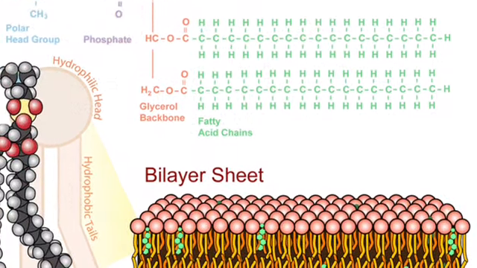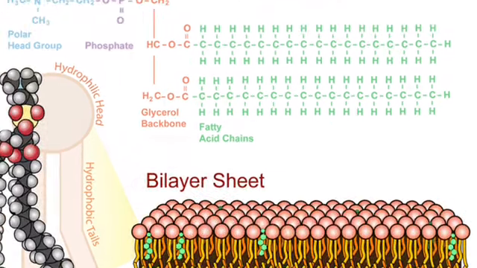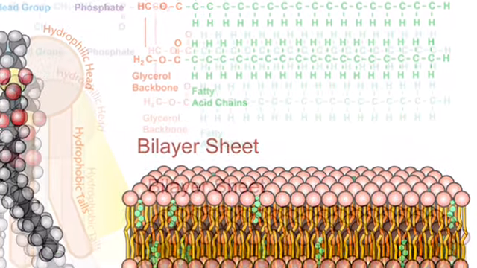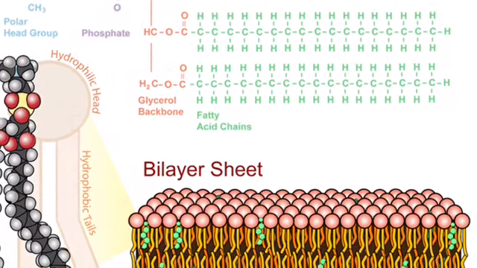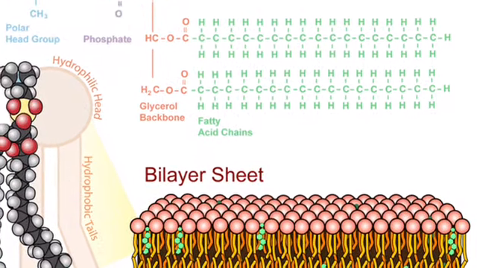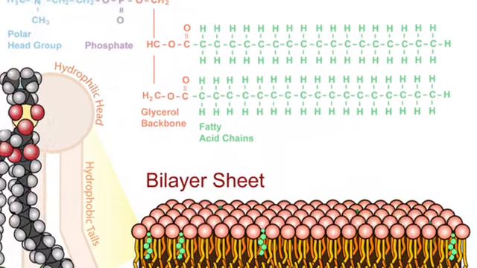It's going to be the hydrophilic regions, which are the phosphate heads, that will attract water. Water is polar, and therefore the phosphate heads are polar as well. So not only will the phosphate heads attract water, but they will attract other polar molecules.